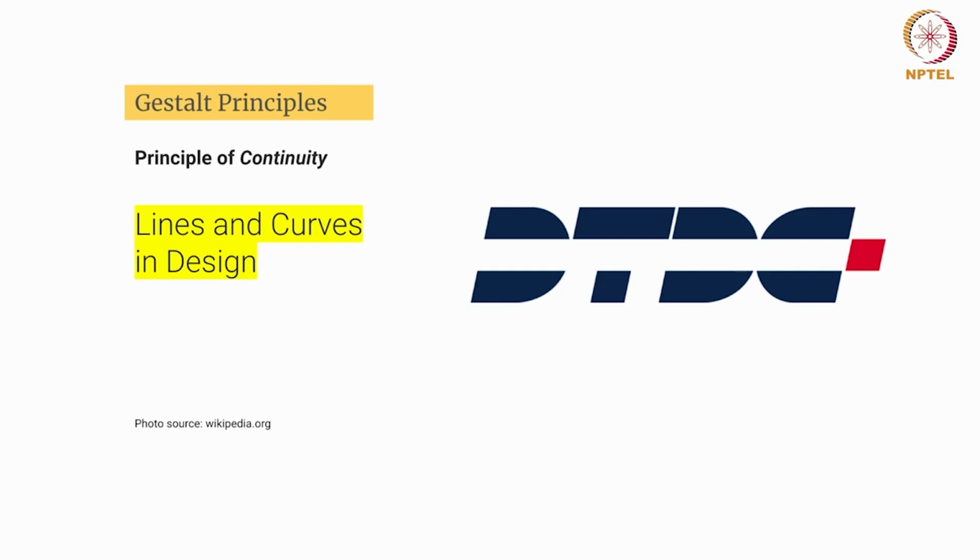So if you see this logo, the sense of continuity is attained by the negative space of a line which is drawn between the text. Between the text of DTDC, somewhere or the other, this again falls under the idea of closure, which we have talked about, right? How our brain automatically creates imaginary connections with the existing elements.